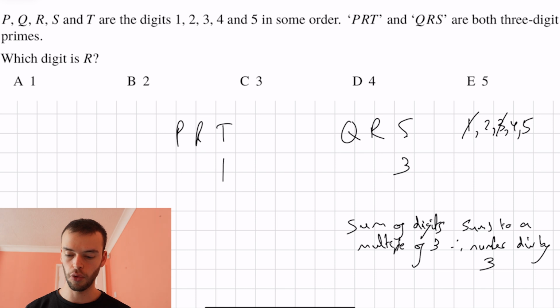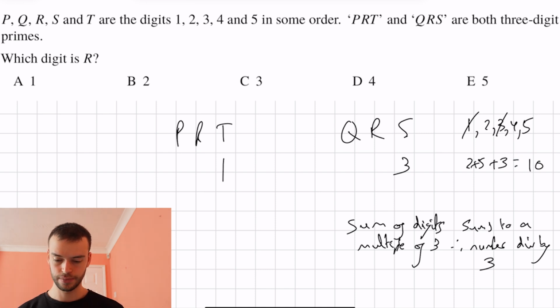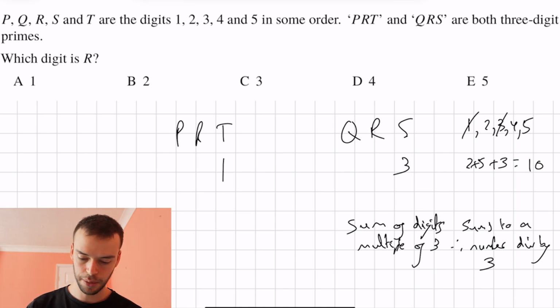Okay, what about 4, 5, and 3? Well, if we add 4, 5, and 3, we get 12, which is divisible by 3. Therefore, that number would be divisible by 3. Therefore, the only possible case we can have is 2, 5, and 3, since those digits add up to 10. Cool. So we just need to think, is our number 253 or 523?